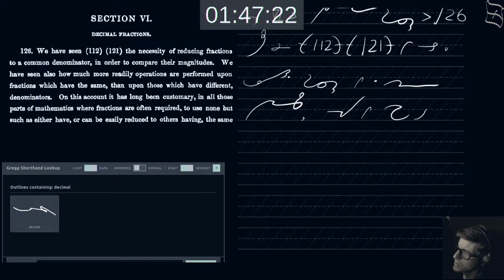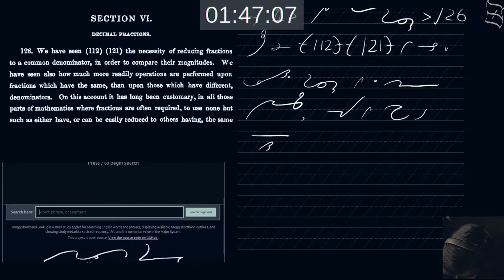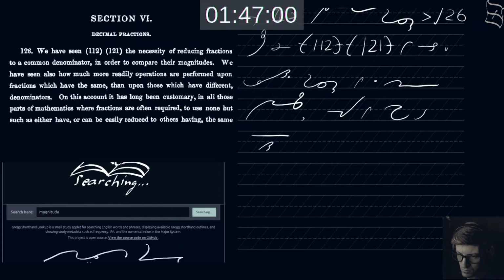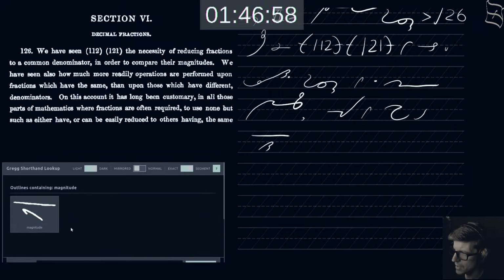Magnitudes. Isn't that M-A-G-N-I-T-U-D-E underneath? Let's go ahead and confirm that. Yep. In order to compare their magnitudes. There we go.